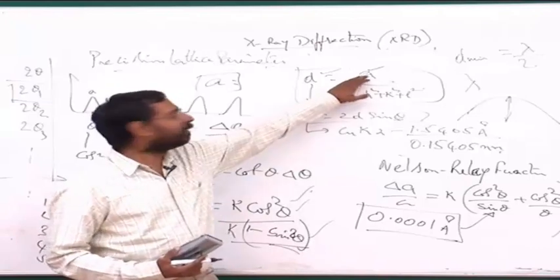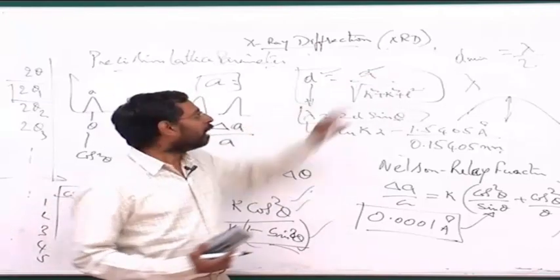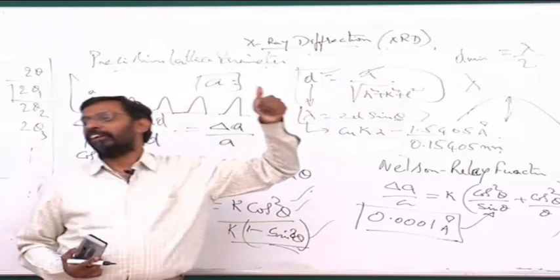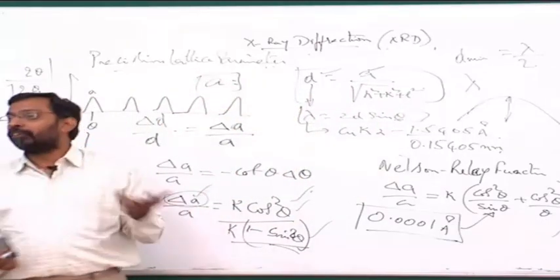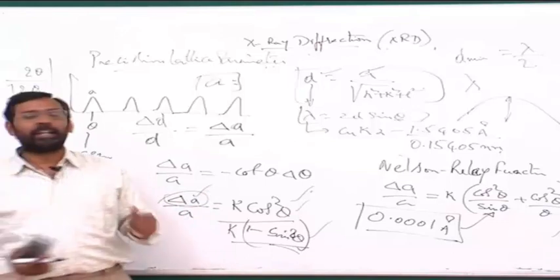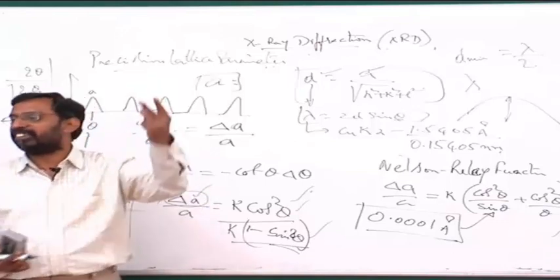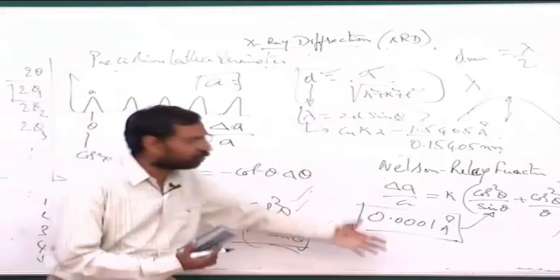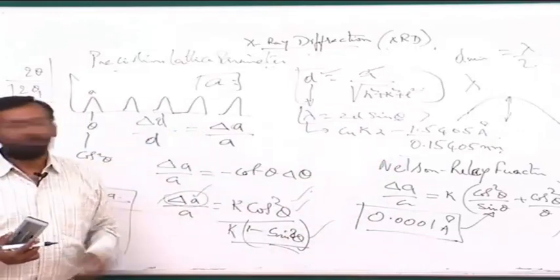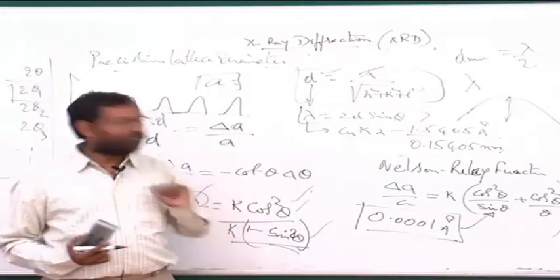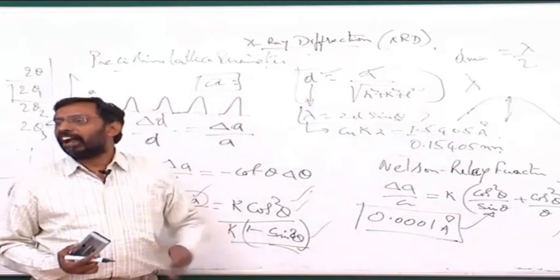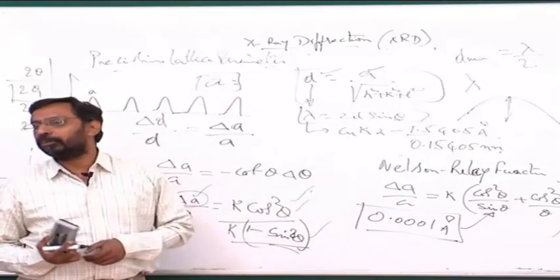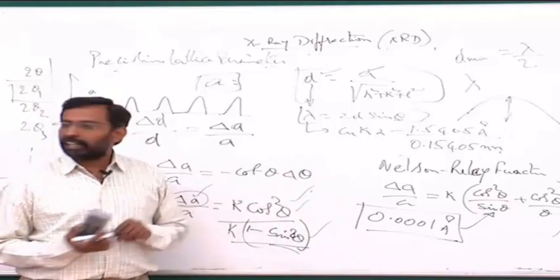But if it is a non-cubic system, you will not have only one A. So you will have A, B, C, all of them. All of them have to be found out more accurately if you want to get a precise A, precise B, precise C. So the calculations become a little more complicated. You have to plot the A versus this, you have to plot the B versus that, you have to plot the C versus that, and then from all that you have to find out the precise values. So these are a little more complicated.